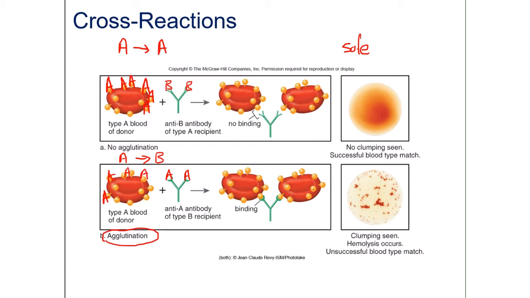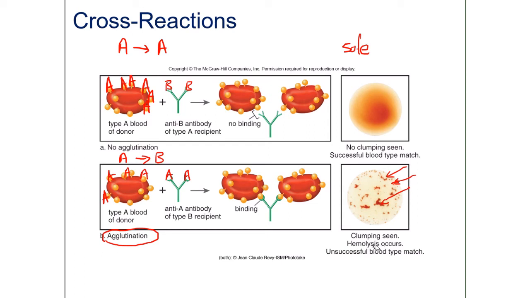All right. So in a transfusion that's not compatible, the antibodies will cross-react with the antigen. And the cross reaction will result in clumping or agglutination. And you can see in the diagram here, these big chunks are basically the clumping, the agglutination. And once they clump together, the next thing that happens is hemolysis. Okay, so hemolysis is the breaking.